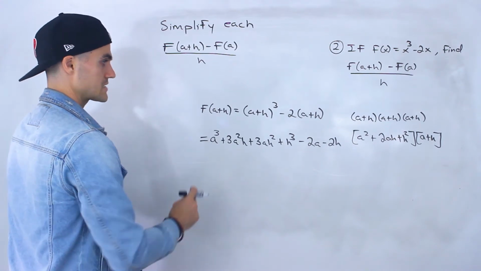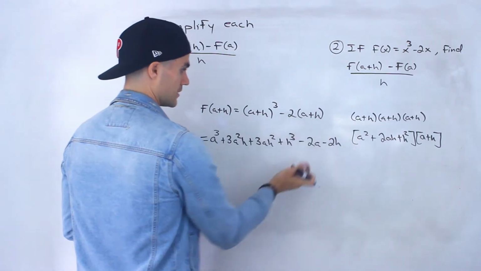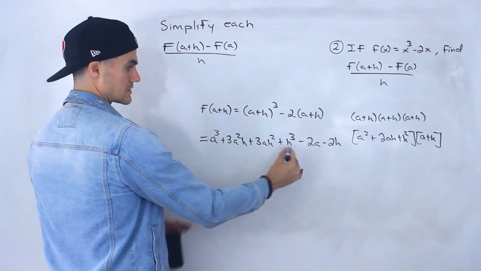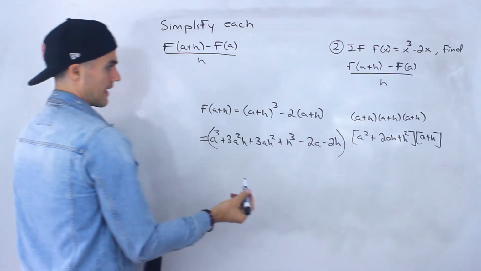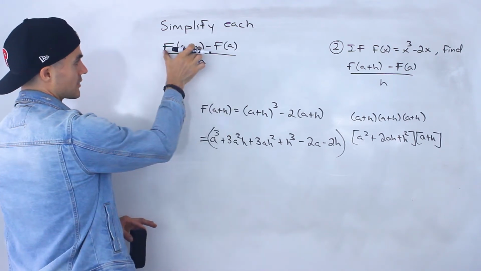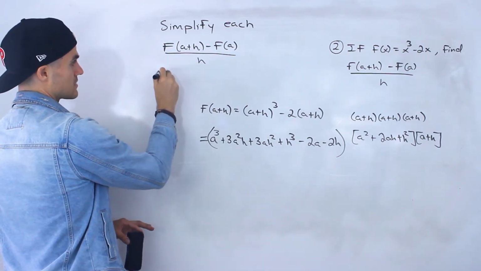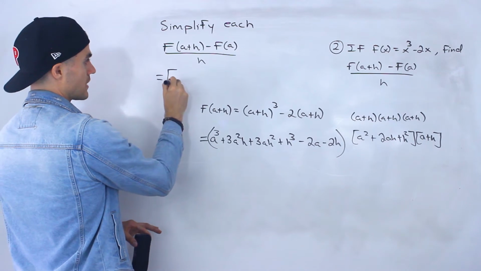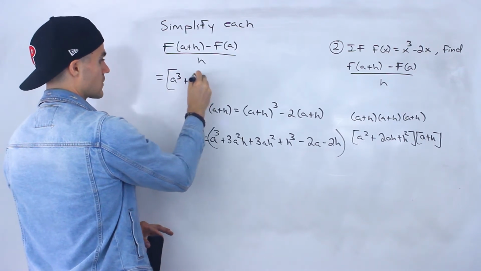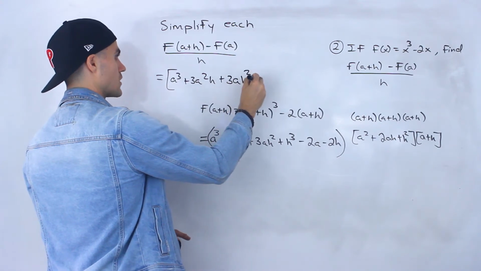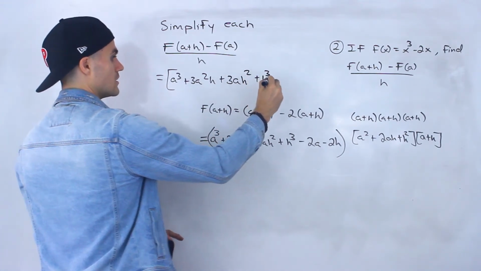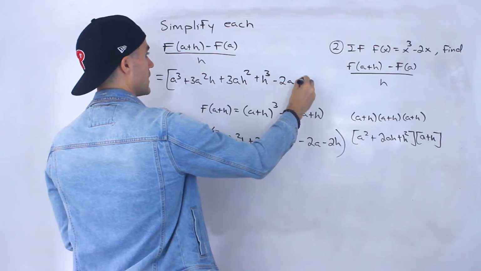Right? And notice that there are no like terms here. Okay, so nothing simplifies here. So this ends up being the entire expression for f of a plus h. So I'm going to write it in square brackets. We'll have a to the power 3 plus 3a squared h plus 3ah squared plus h to the power of 3 minus 2a minus 2h.